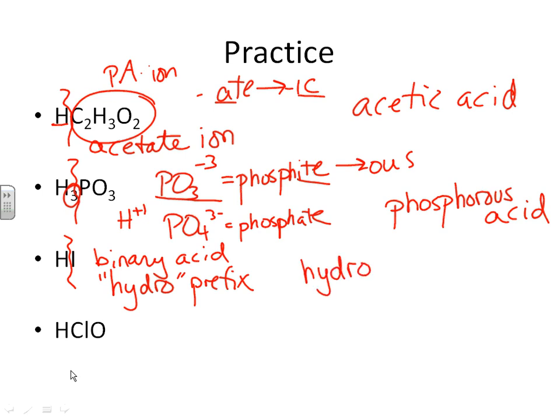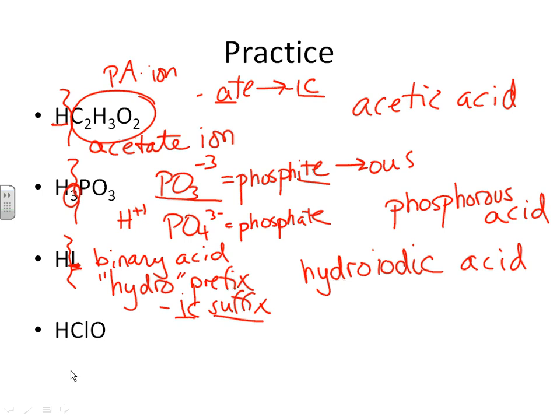And then you need to say what it's binary with, because we know it's H. Acid always is going to mean H. So then it's the I. So this is going to be iodo. Well, we're going to have the ic ending, and the word acid. Binary acids have a hydro prefix and an ic suffix. So this is hydroiodic acid.